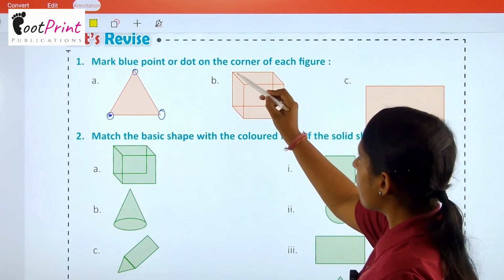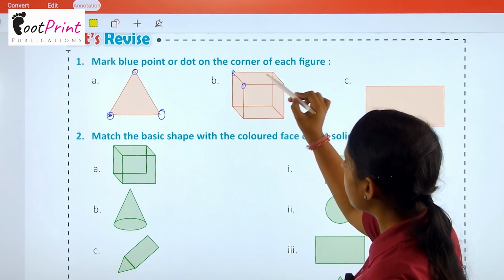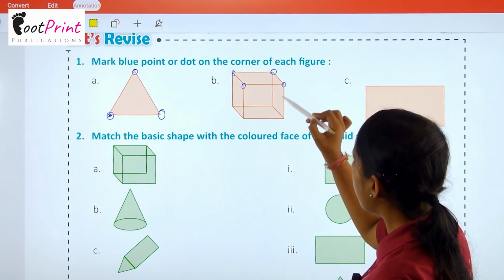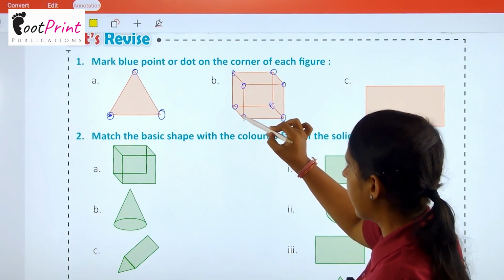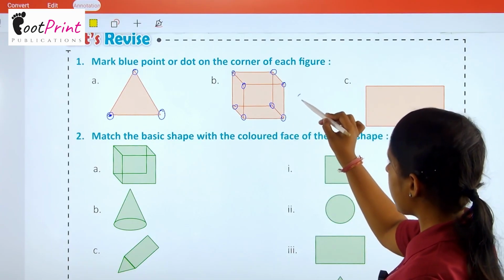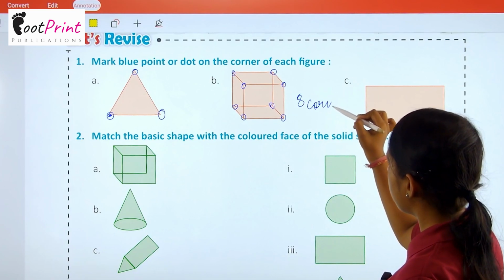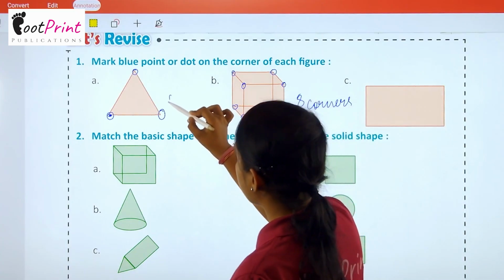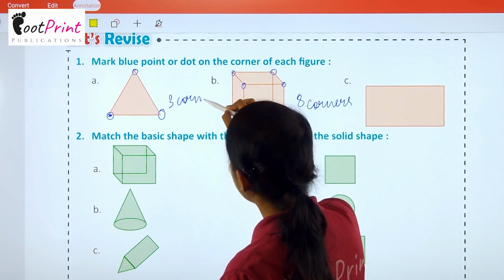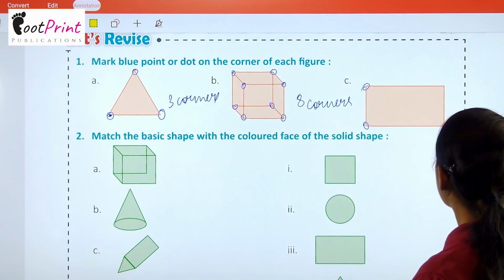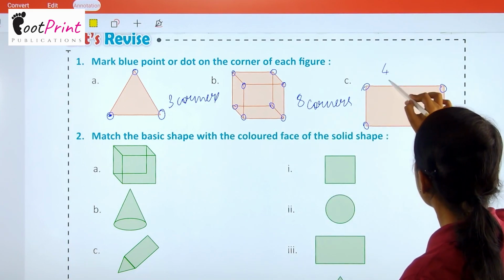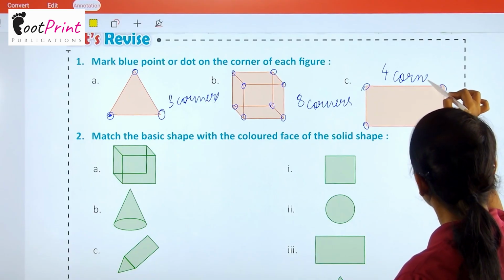Here 1, 2, 3, 4, 5, 6, 7 and 8, so there are 8 corners. And here 3 corners. In this 1, 2, 3 and 4, so here 4 corners are there.